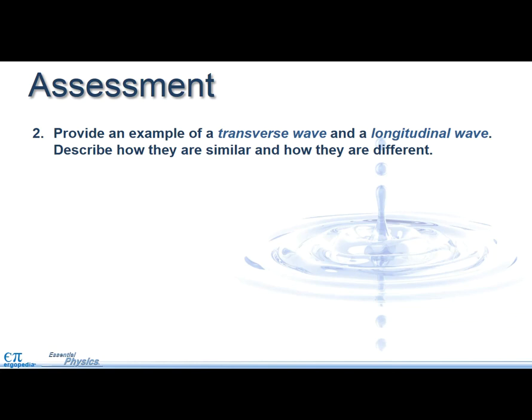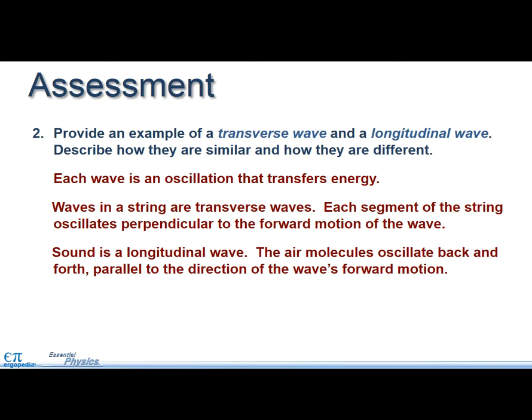What's an example of a transverse wave and a longitudinal wave? Describe how they're similar, describe how they're different. So both of these kinds of waves are oscillations that transfer energy or information. Waves on a string are transverse waves. Each segment of the string oscillates perpendicular to the forward motion of the wave.